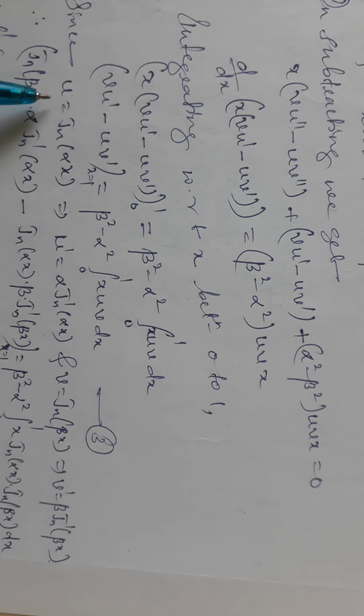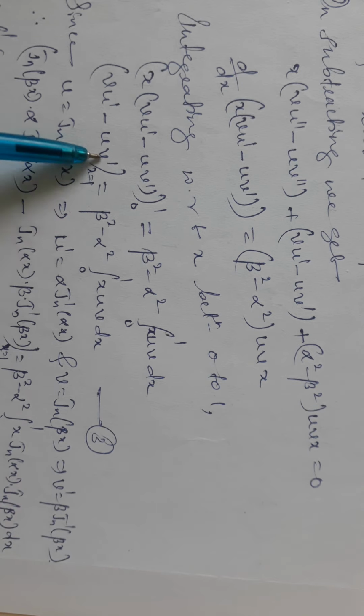Since u = Jn(alpha x), we can differentiate this: u' = alpha Jn'(alpha x), and v = Jn(beta x), so v' = beta Jn'(beta x).